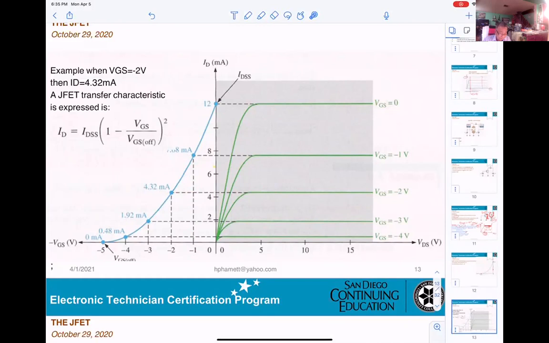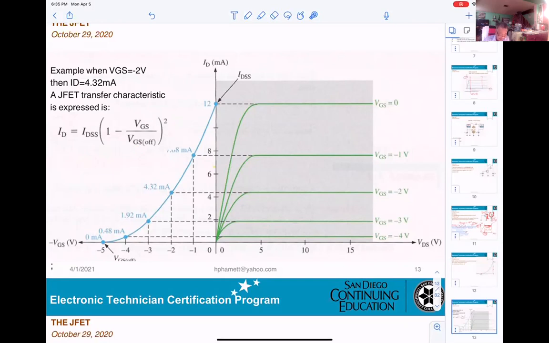Now, this is the formula to calculate the ID: ID equals IDSS times 1 minus VGS divided by VGS off, squared.